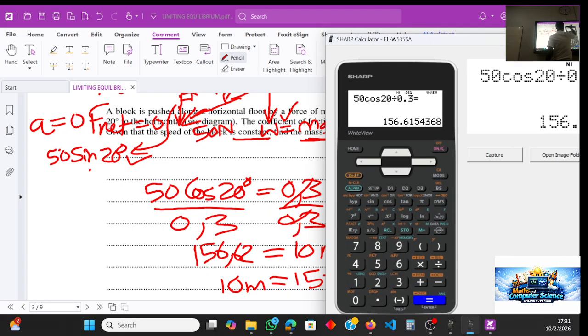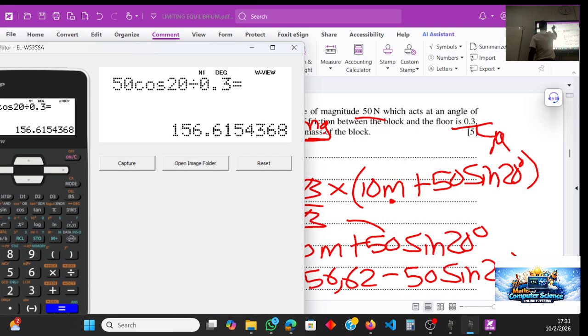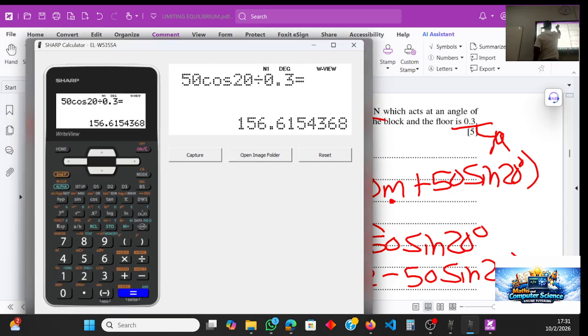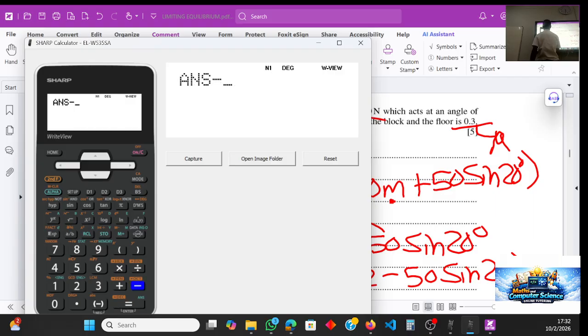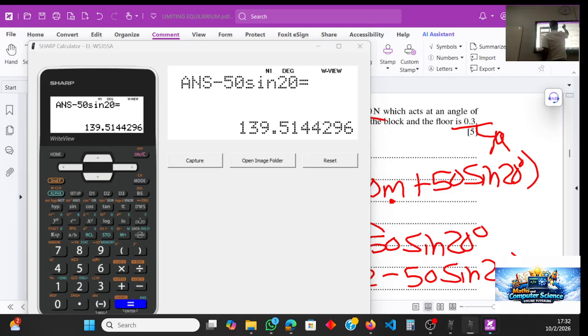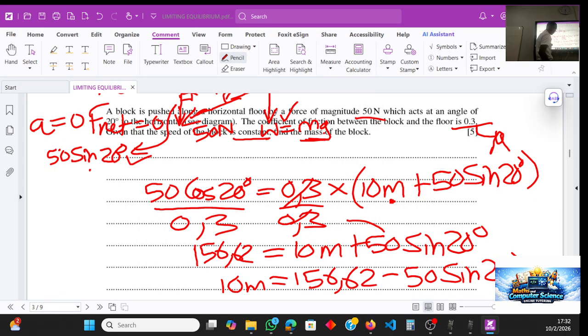Let me pick my calculator again and push it this side this time around. I have 156.62, which is still appearing there. So I can say minus from my answer 50 sine 20 degrees. This will take me to 139.51. But remember, all this is equal to 10m.